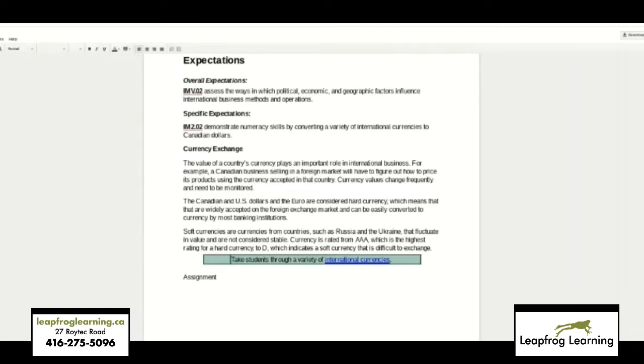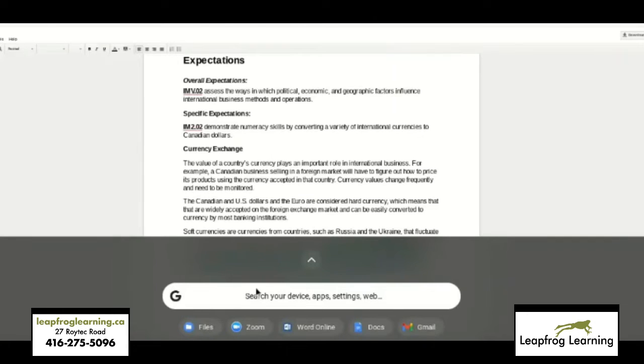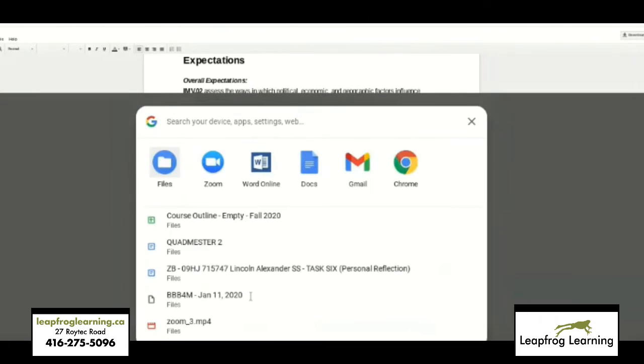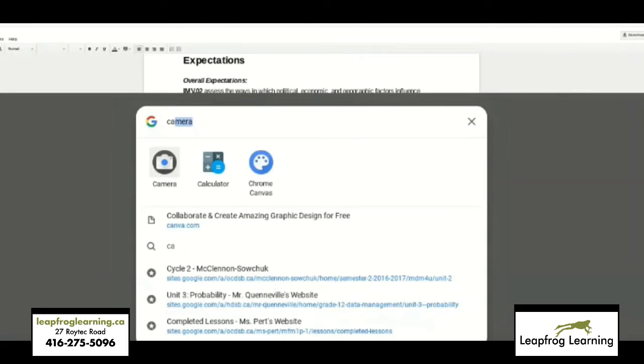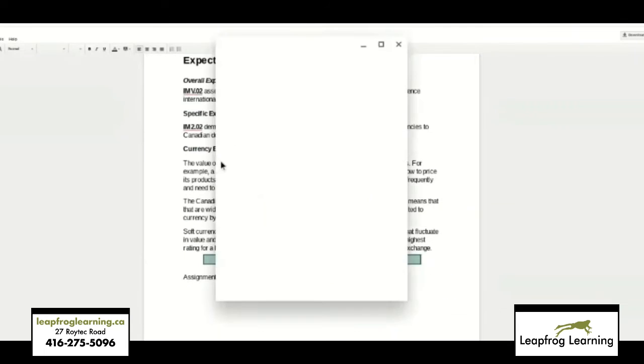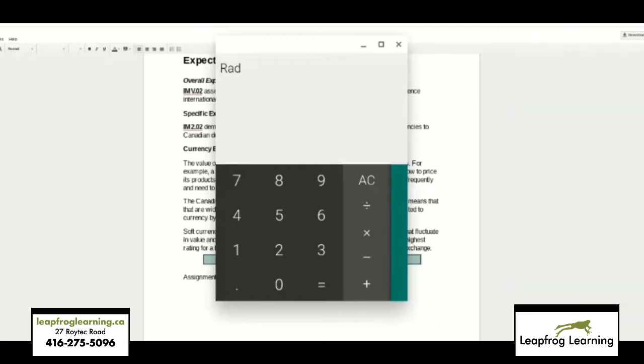If this was in class, I'd show you now, actually, if I can do it here. I'll pull up my calculator. Hopefully you can see this. Let's say I have $100 Canadian, and let's say that each Canadian dollar is worth 75 cents US.